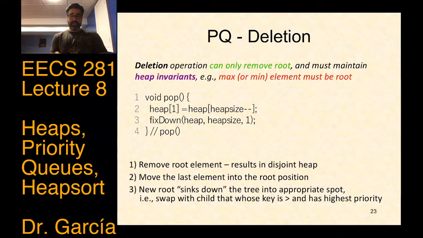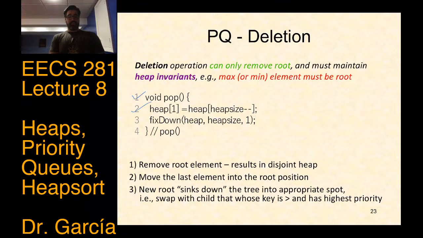Notice that here, this is the pop operation, which is deletion from a priority queue. Again, assuming that we're using a binary heap. Line 2 is the same thing as a swap. In this context, we don't really need to swap here, but it acts as a swap when we're doing heap sort.